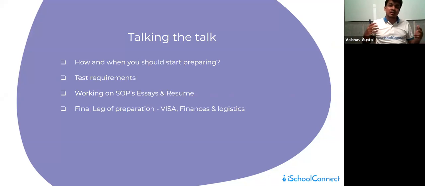If you are planning to do a bachelor's, what will be your prerequisites? Then the most important part, with the entire process, comes your essays, your SOPs, your resumes. We will be spending quite some time on what your SOPs and essays content should be like, and how you can actually make your content better.